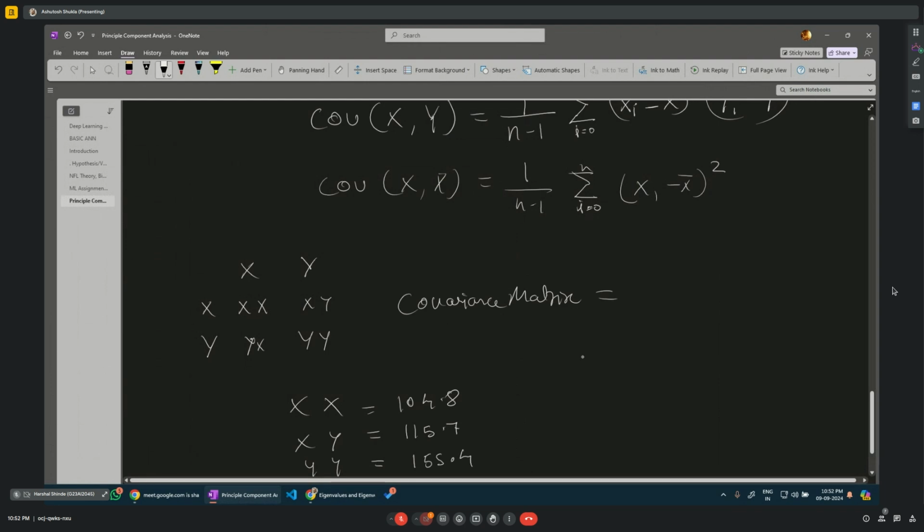So the covariance matrix is going to be 104.8, 115.7, 115.7, and 155.4. So that is the covariance matrix that we have.